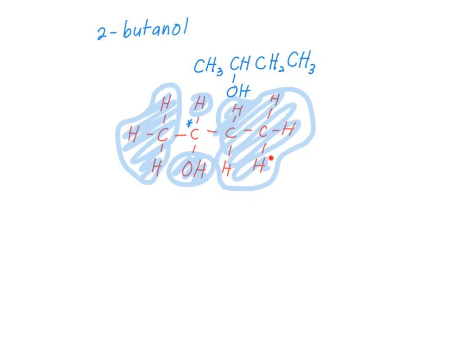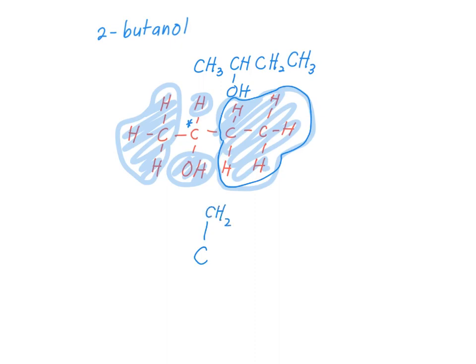So we have CH2 and CH3 here, considered as another group. Now I'm going to draw the structure of 2-butanol. But first I'm going to identify the first group there.